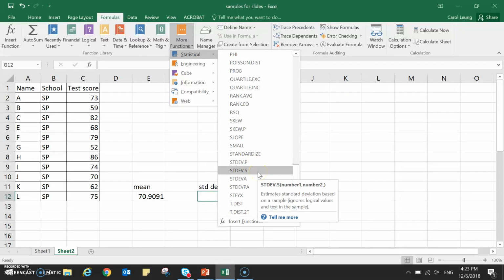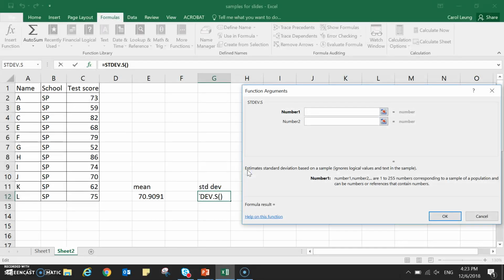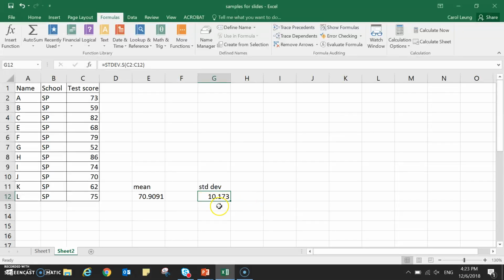Because we are looking at the standard deviation of a sample, we'll choose STDEV.S, since this is not the entire SP but just a sample of students within SP. Similarly, to insert into this box, all you have to do is to highlight the value and click OK. And there you have it. That is the standard deviation.